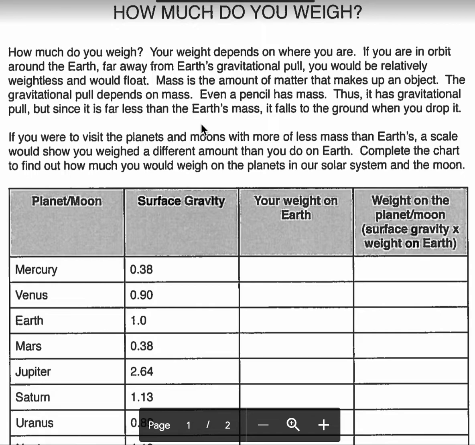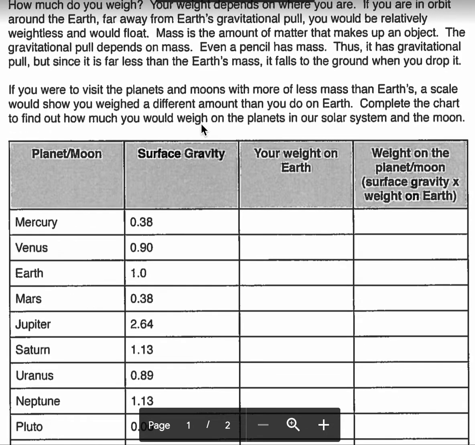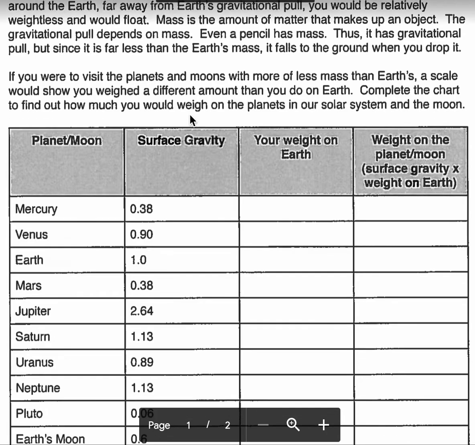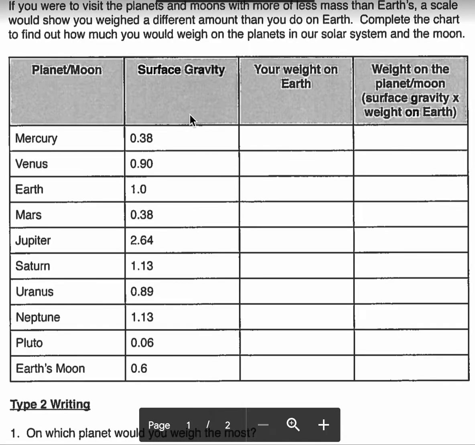If you were to visit the planets and moons with more or less mass than Earth's, a scale would show you weighed a different amount than you do on Earth. Complete the chart to find out how much you would weigh on the planets in our solar system and the moon. On Earth, the surface gravity is 1.0.